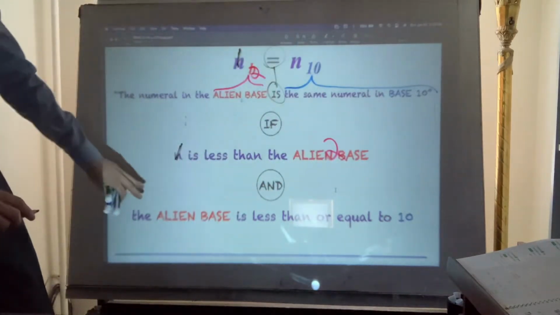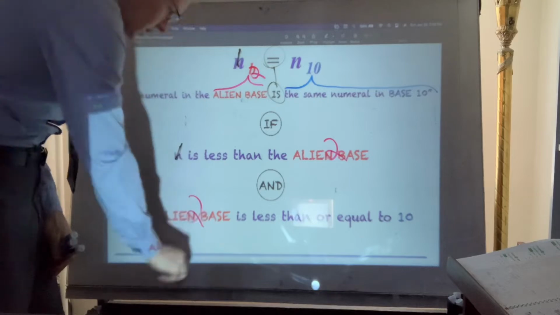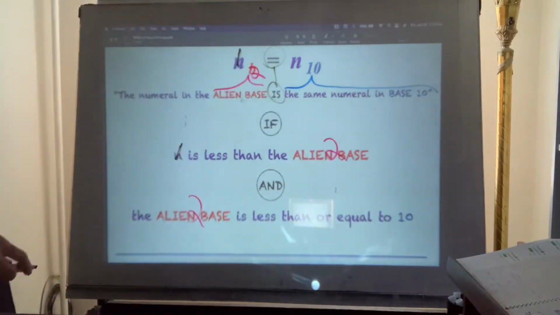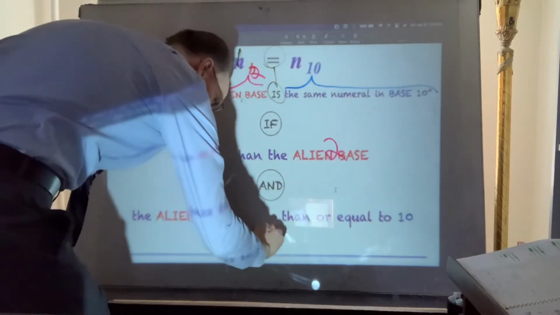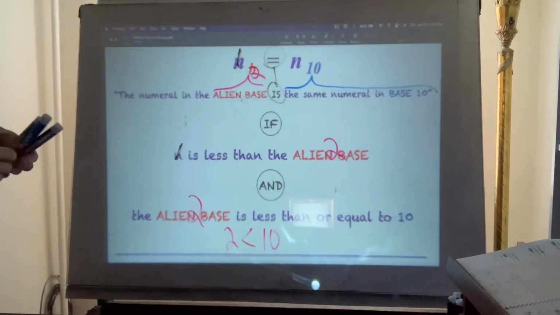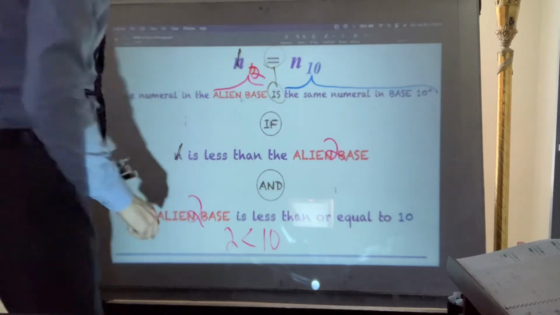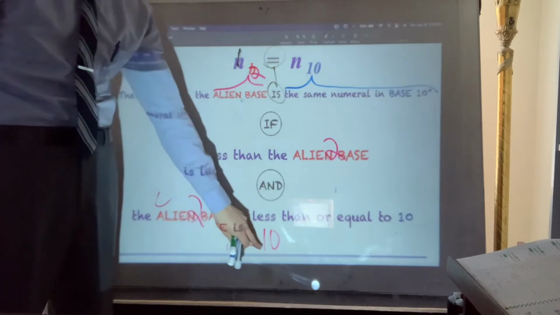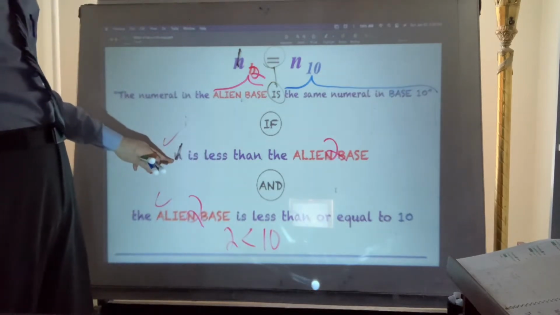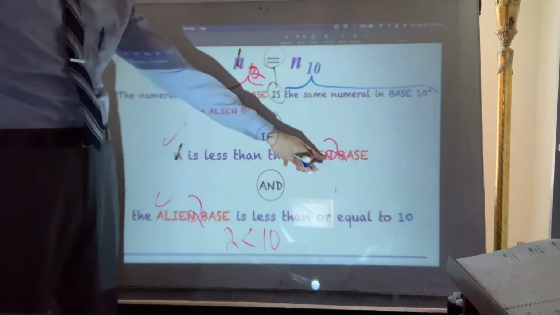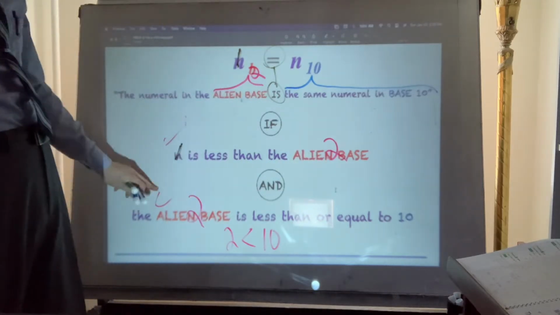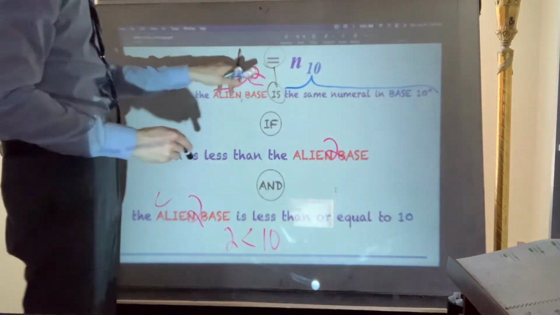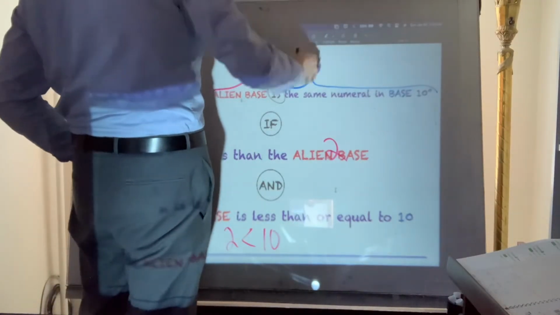And the alien base, namely 2 again, is less than or equal to the number 10. Right? 2 is certainly less than 10, right? So, because that checks out, this condition and this condition, the base is less than 10. The number that is actually talked about is less than its own base. We've met both conditions. Then you could say with some kind of certitude, all right, that 1 in base 2 is 1 in base 10 as well.